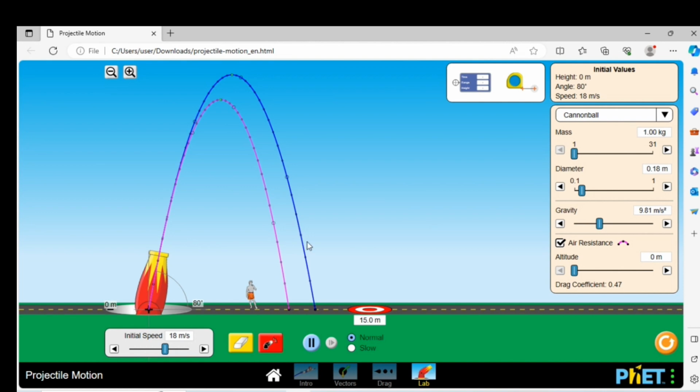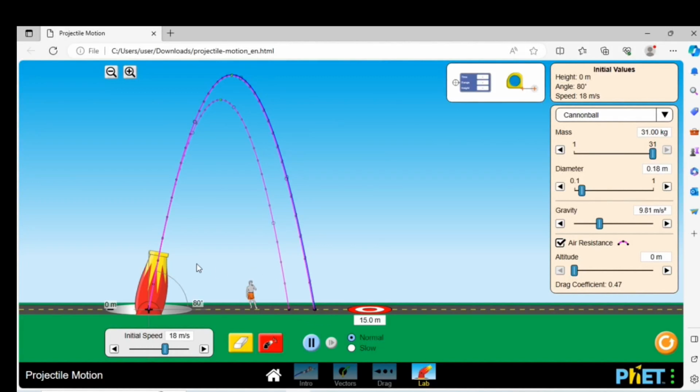Okay, next, let's try naman natin yung maximum value, 31. Tingnan natin kung saan siya babagsak. Okay, so with air resistance, mas malayo siya kapag mas mabigat. Okay, pero nearly nandun siya sa spot ng without air resistance.